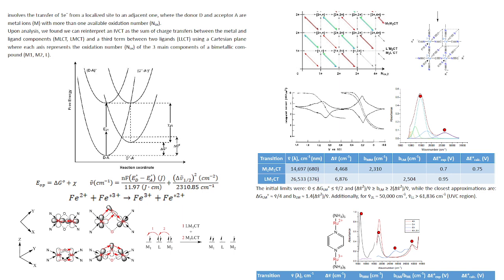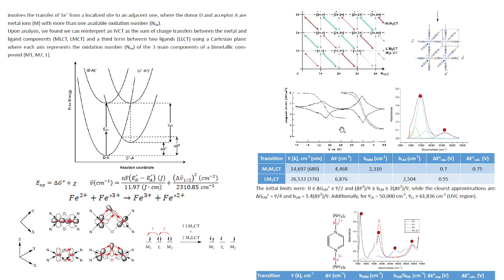The experimental value is 0.7 volts, which shows that there is a close approximation between both values, one obtained experimentally through electrochemistry, and the second one obtained through optical measurements and UV absorption.